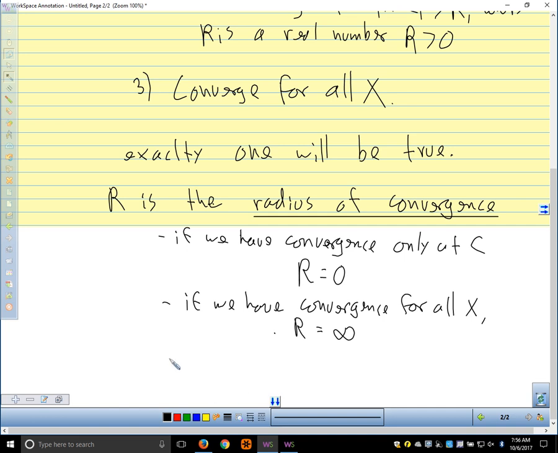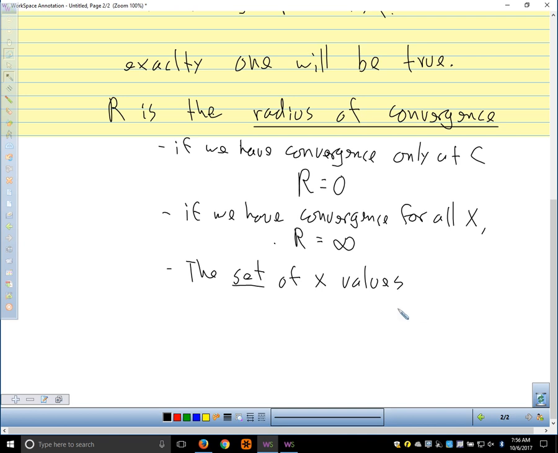And the set of x values for which our series converges is called the interval of convergence.